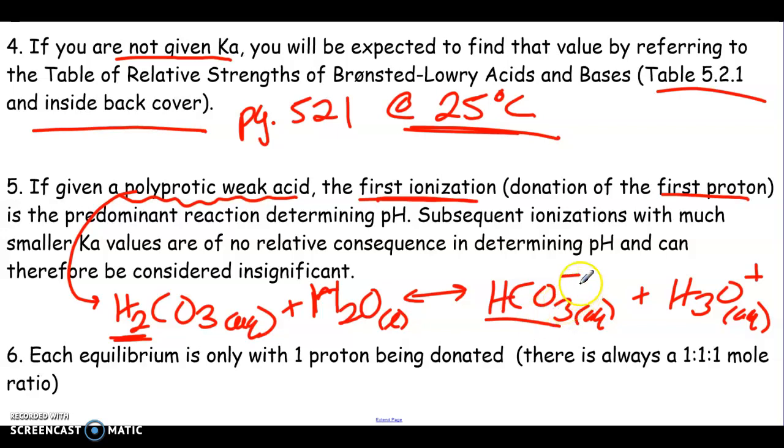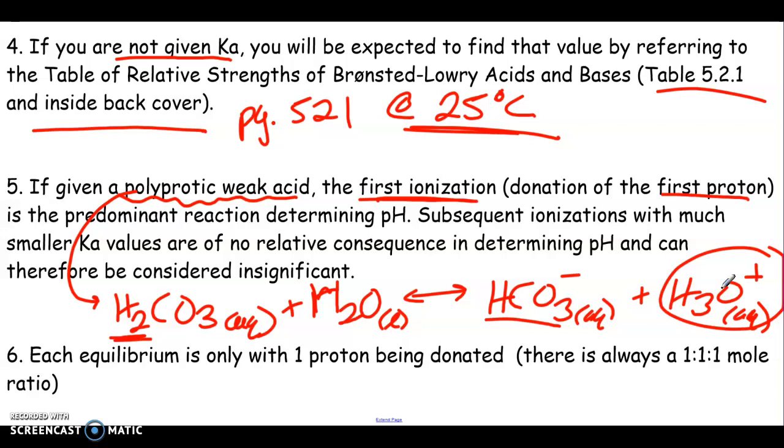So even though this HCO3 -1 will continue to react and lose it a second time in a different process, we can consider that second hydrogen ion to be insignificant, because if you're determining the pH, the concentration of hydronium coming from this first ionization is going to be much, much larger relative to the second hydronium concentration that's produced.